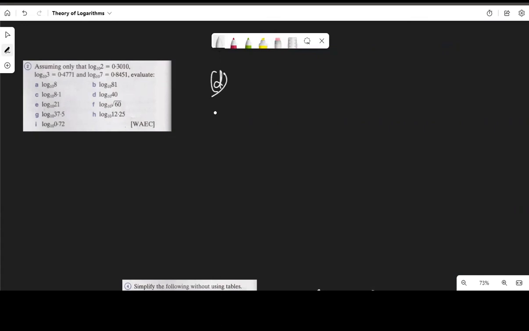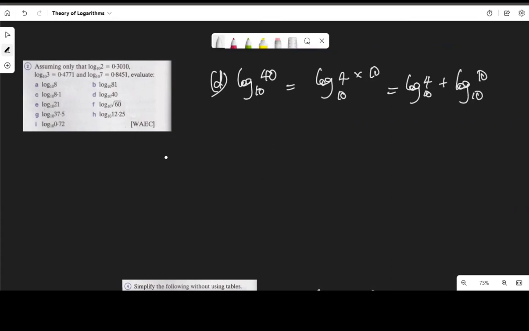Now for question D, we have log 40 to base 10, which I can write as log 4 times 10 to base 10. And that will be log 4 to base 10 plus log 10 to base 10.